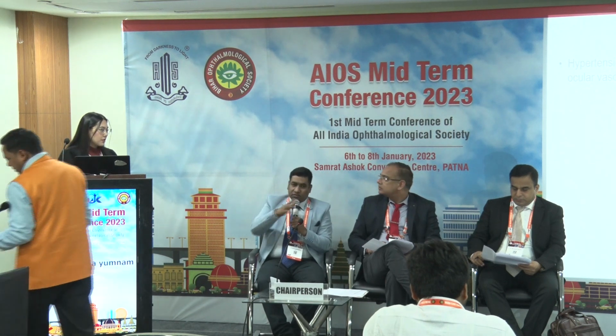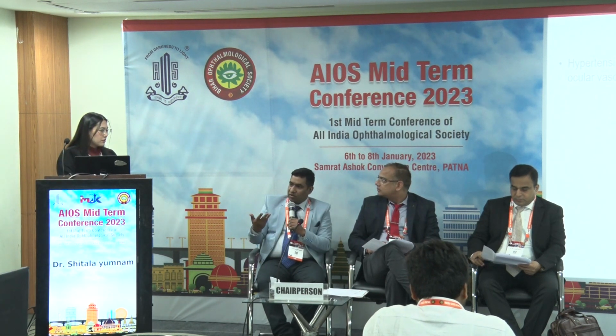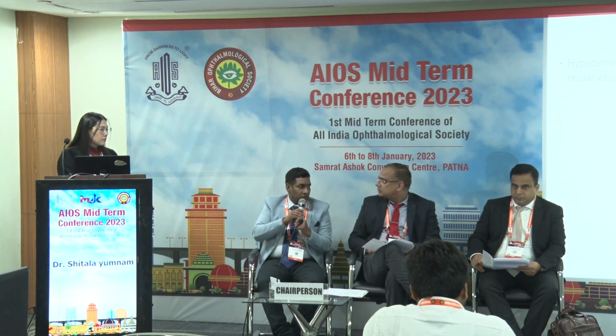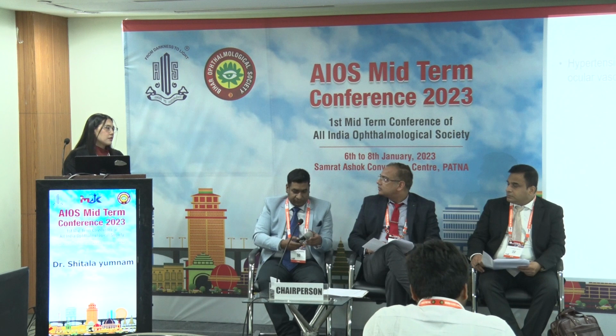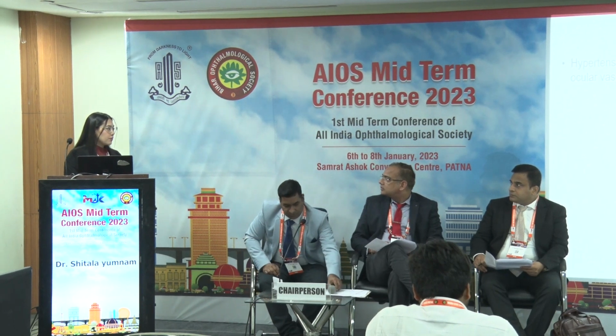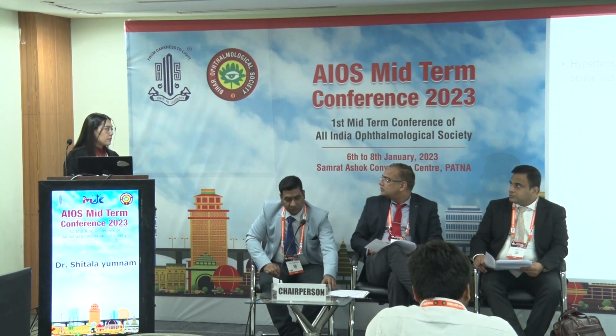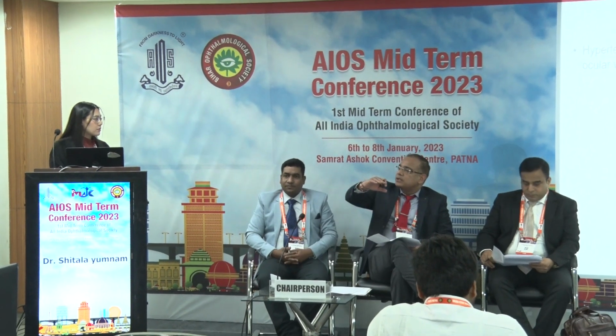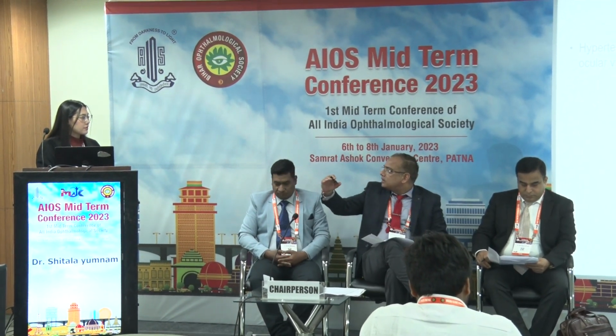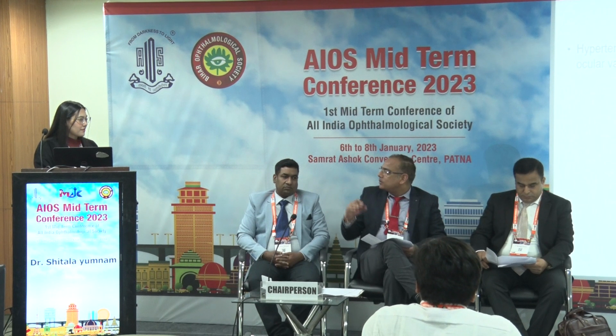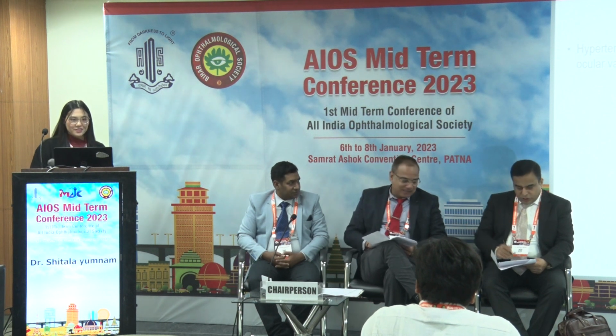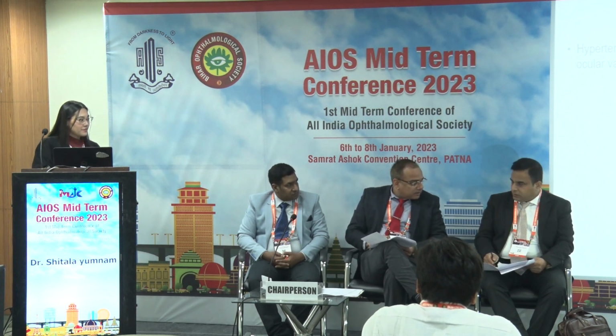Sir was asking about the p-value or any correlation tests so that you can conclude. Sir, in our study, more than 50% were found to have elevated blood pressure. So it's a univariate analysis. How did you measure that and how did you validate it in your study? Okay, no problem.